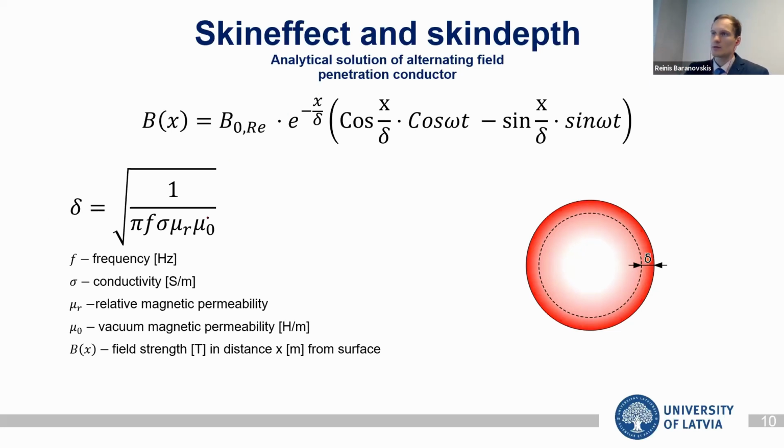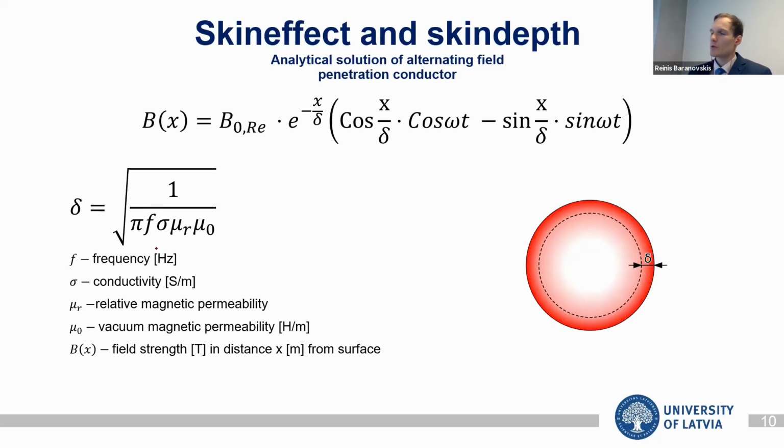The constant which dictates how quickly this field decays, this constant in the exponent, is called skin depth. As you can see, it depends firstly on the frequency, and secondly on the material properties.